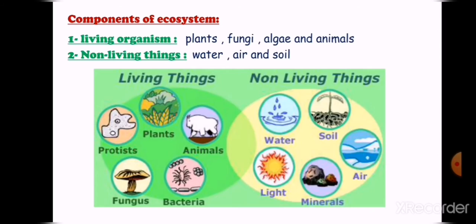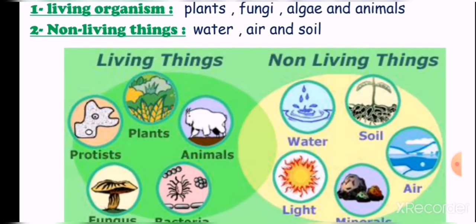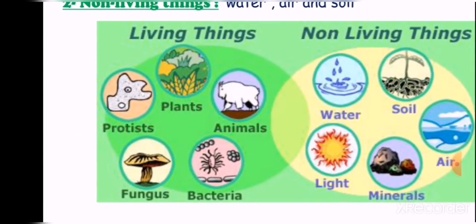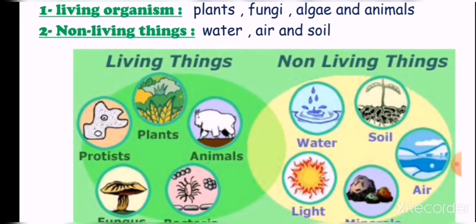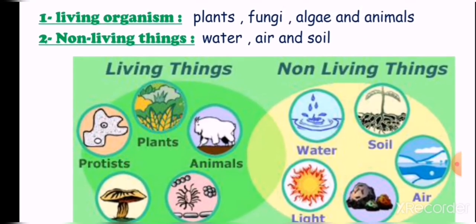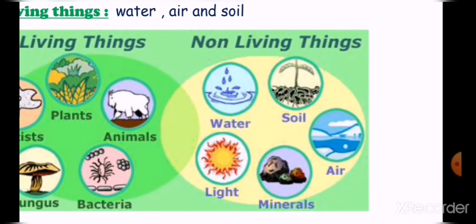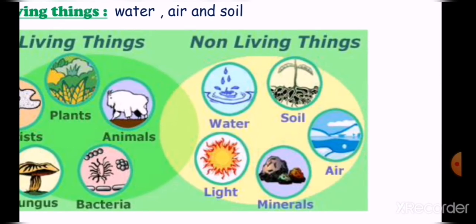Living organisms like plants, animals, fungi, bacteria or algae, but the non-living things like water, soil, air, light, minerals, all of these are non-living things.